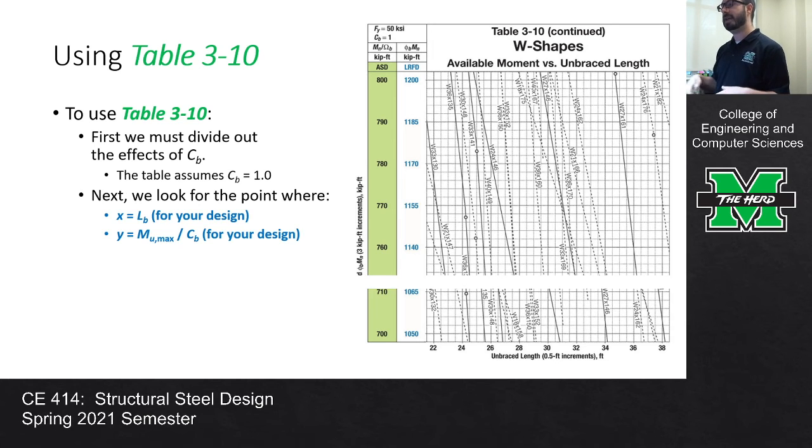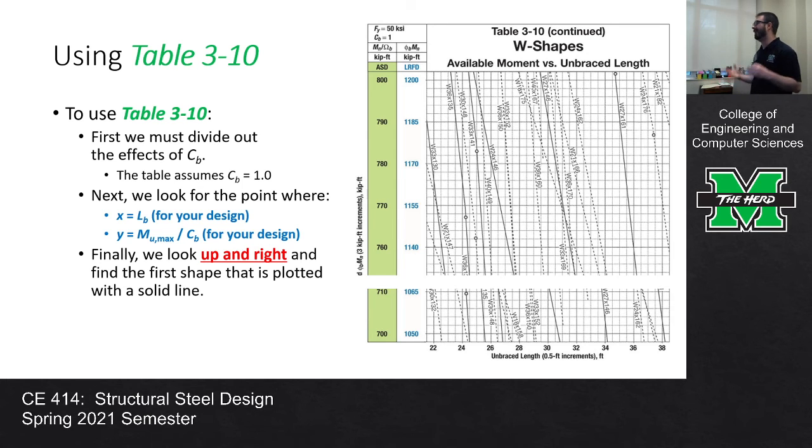Then go into the table and find the Lb for your design on the x-axis, and on the y-axis, your maximum moment with that Cb value divided out. Then you look up and to the right, and you find the first solid line that's plotted, and that's your shape, okay?